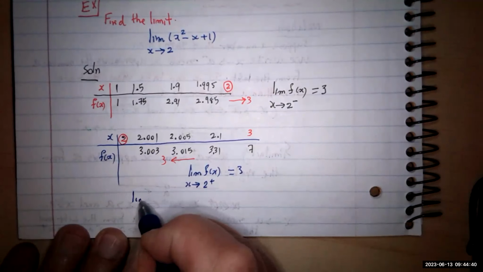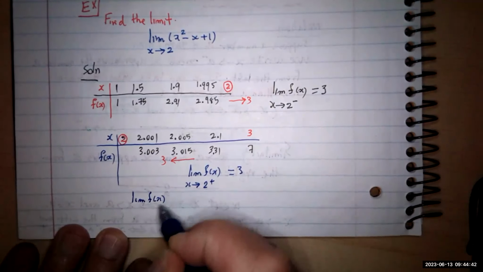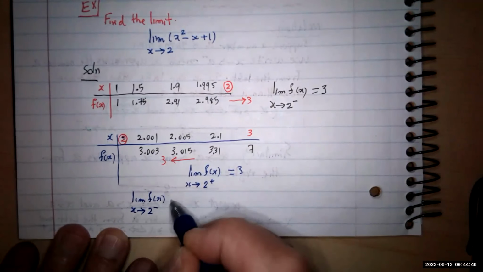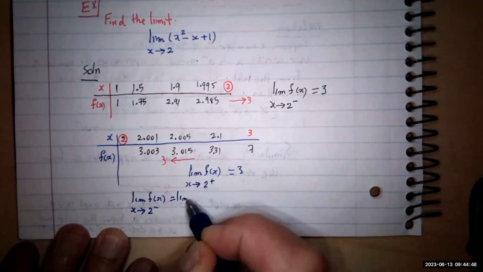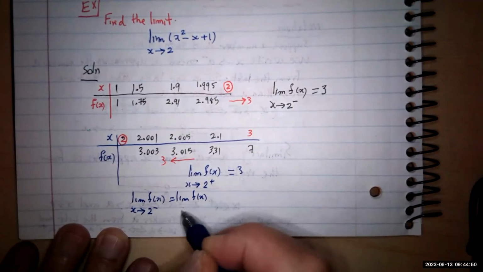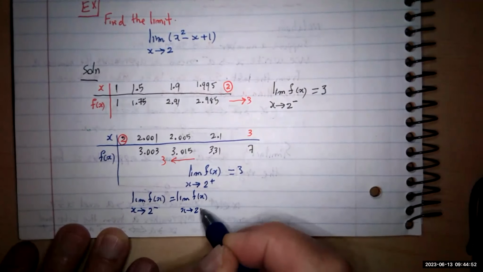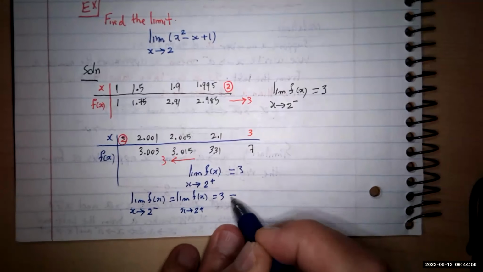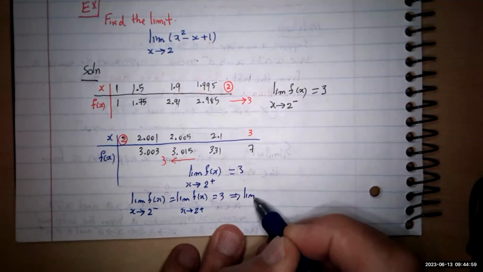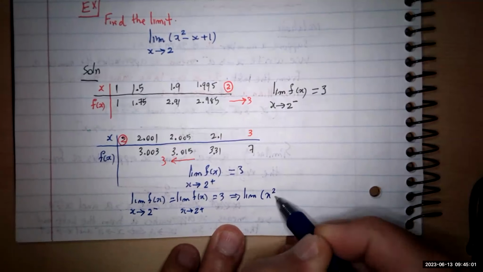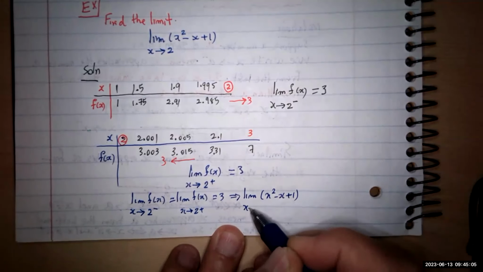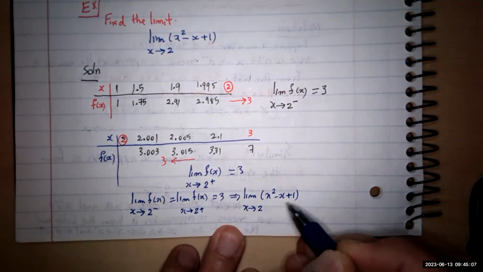The limit of f of x when x goes to 2 negative is equal to the limit of f of x when x goes to 2 positive, and this is equal to 3. So the conclusion is that the limit of x squared minus x plus 1 when x goes to 2 is equal to 3.